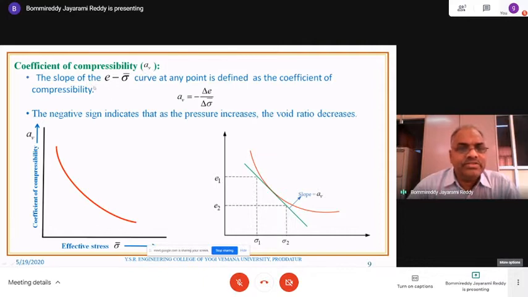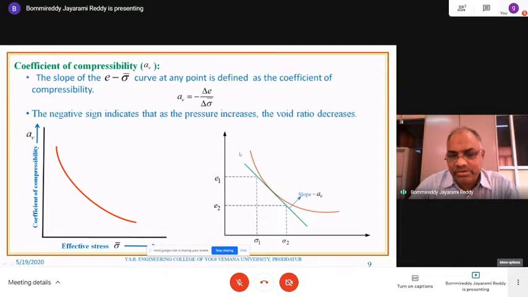It is the slope of the e-sigma dash curve. That means if a curve is drawn between void ratio and pressure, the slope of that curve is called the coefficient of compressibility.